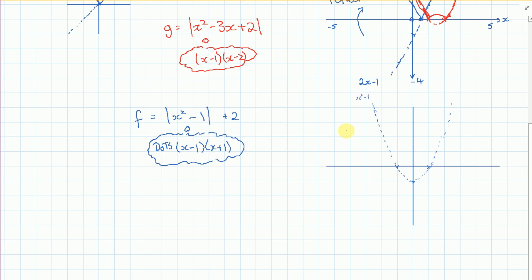We then need to do the modulus, but this isn't the final version of my equation. So we do the inversion for the modulus part, and then what does a plus 2 do to all points on the graph? It actually raises the point up.